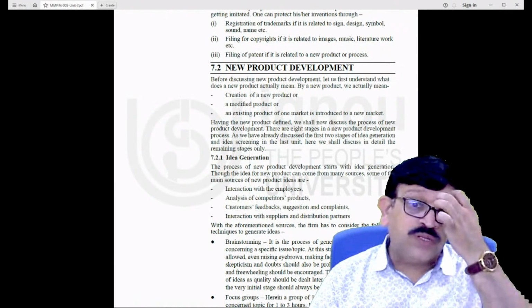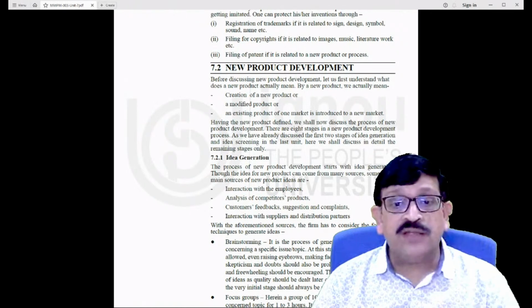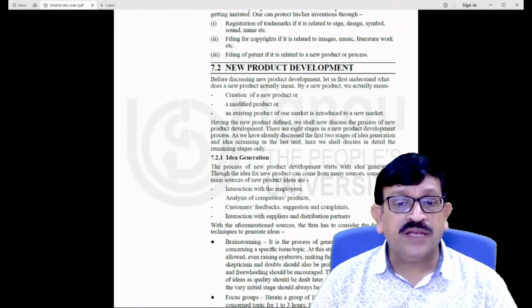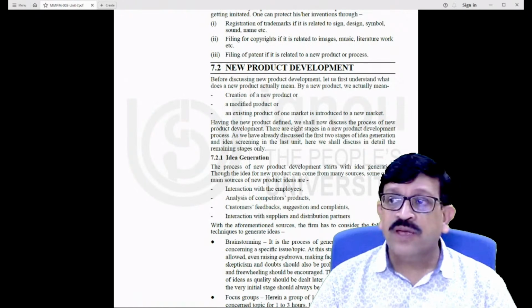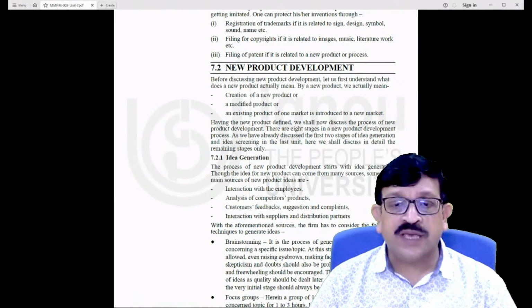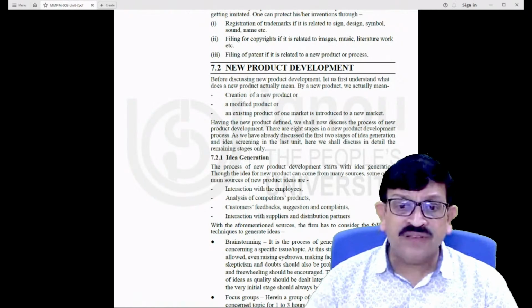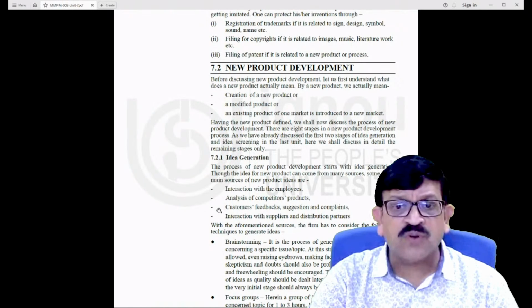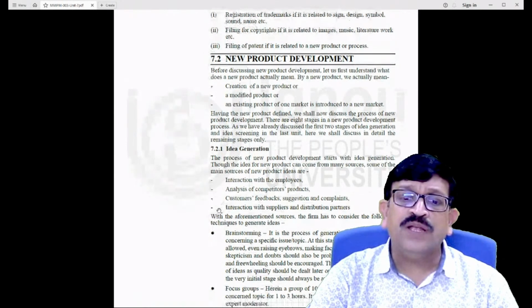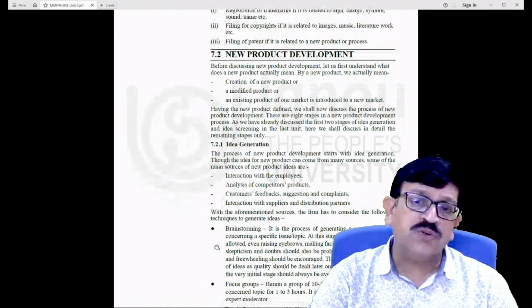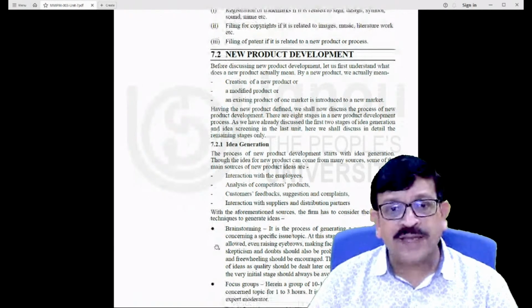You could look into generating the ideas through various techniques like the focus group technique, or of course the attribute listing or the heuristic ideation technique. These are some of the techniques which we talked about, and we looked into brainstorming and focus groups as techniques to whip up those product ideas.